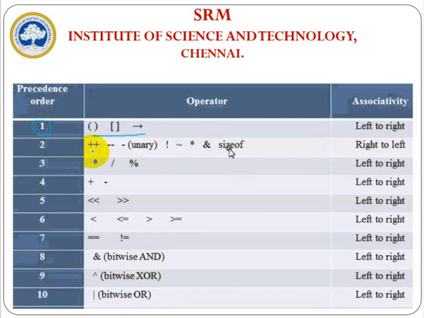Then come the arithmetic operators, in which multiplication, division, and modulus have the next precedence, followed by addition and subtraction. The fifth priority is given to the shift operators, left and right shift. The sixth is the relational operators: less than, less than or equal to, greater than, and greater than or equal to.